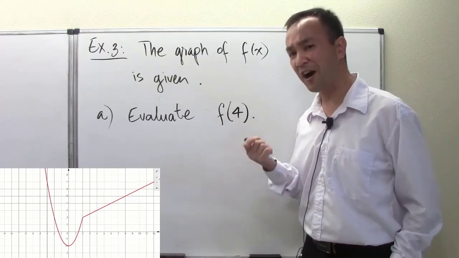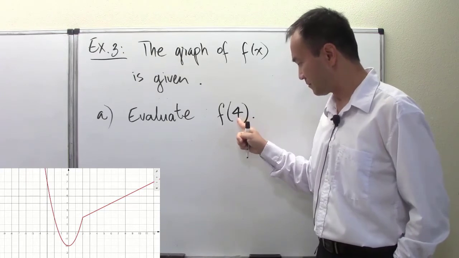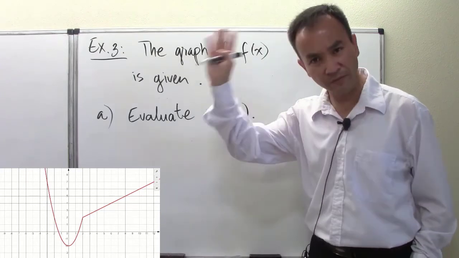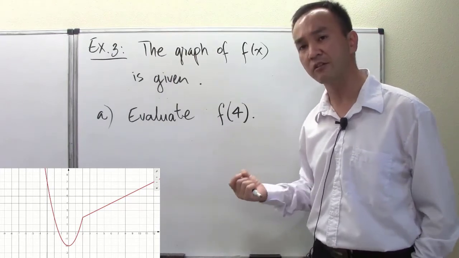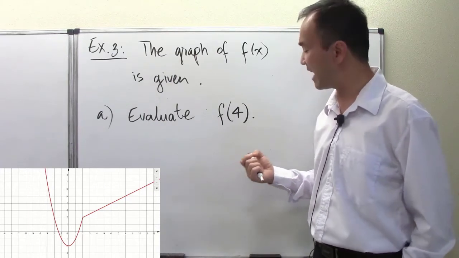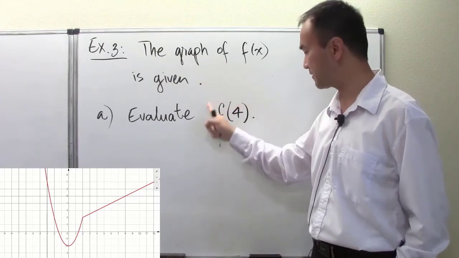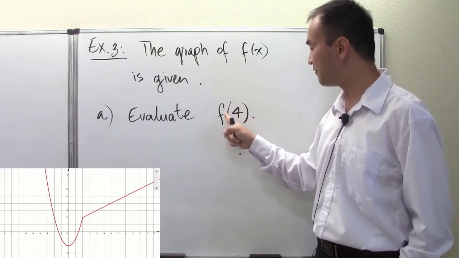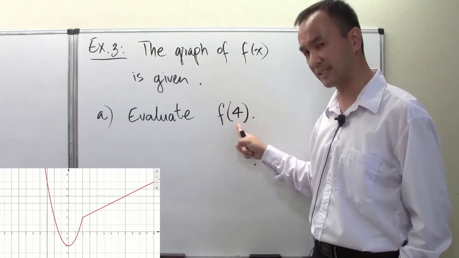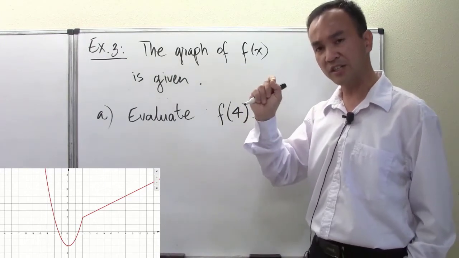Before we dive into the graph, from what we've learned previously, this notation tells us that we want to look for the value of f when the input value equals 4. So what's the function value?